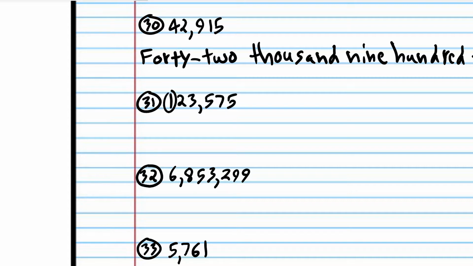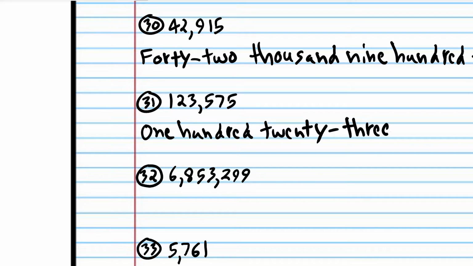So the 1 is the number farthest to the left, and that's in the hundreds place, or excuse me, the hundred thousands place. So it's 1 hundred and 23, 123.